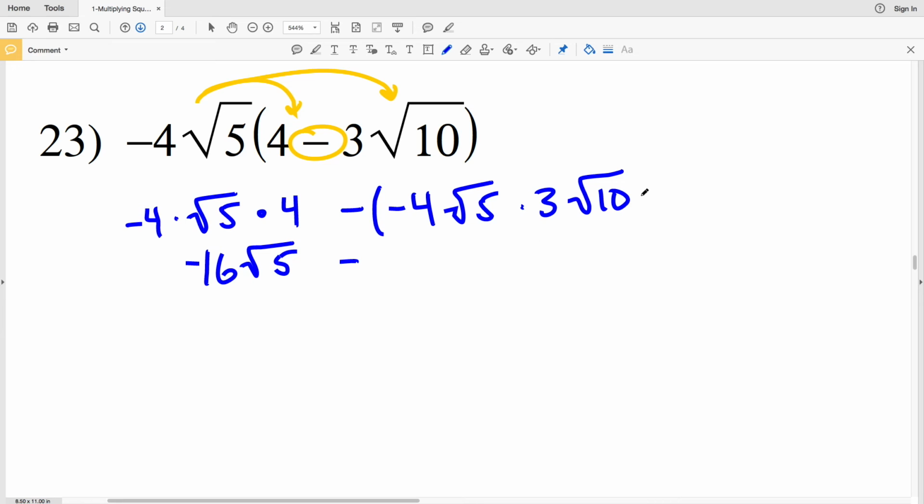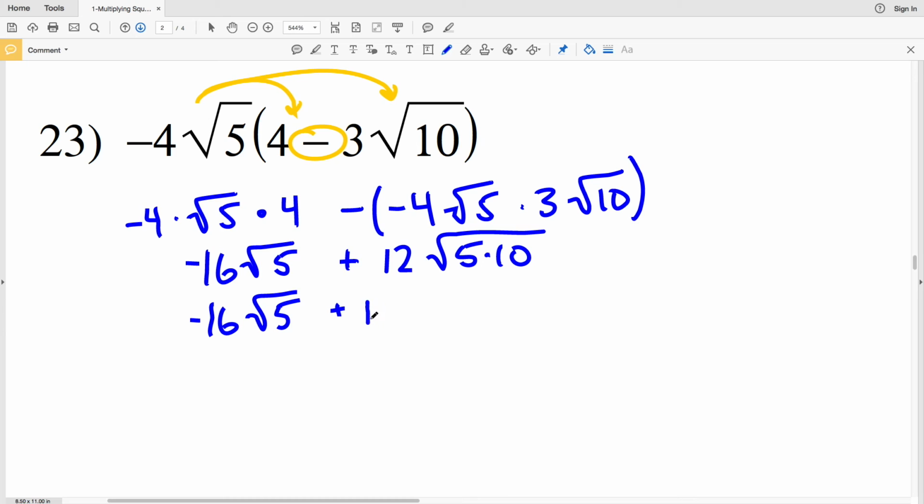I'm going to put parentheses around this so you don't get confused, but this is a negative 4, so I'm subtracting negative 4 times 3, which is negative 12, so I'm really adding a positive 12 times the square root of 5 times 10. Negative 16 times the square root of 5 plus 12 times the square root of 50.